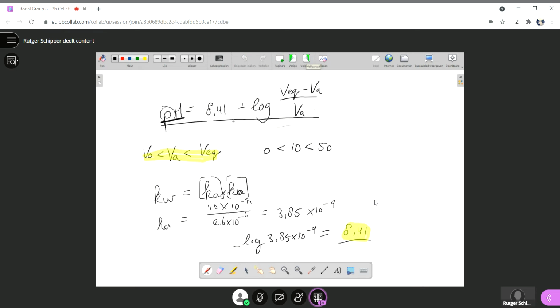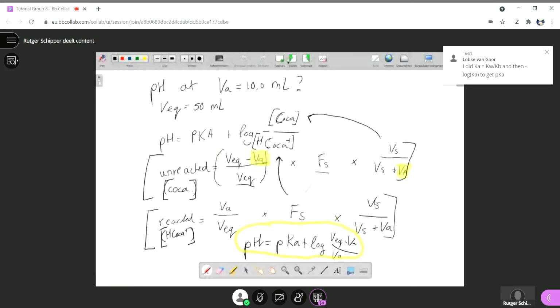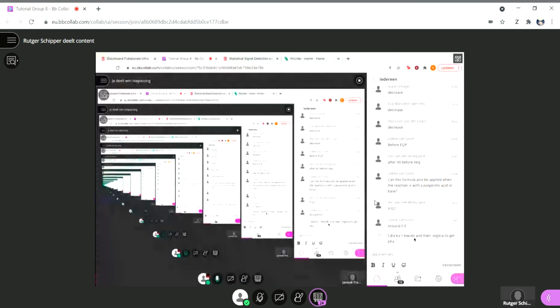Yeah, well, let's see. So Lopke says: I did Ka is Kw divided by Kb, and then the minus log Ka to get the pKa. Yes, exactly. That's the way you have to do it.